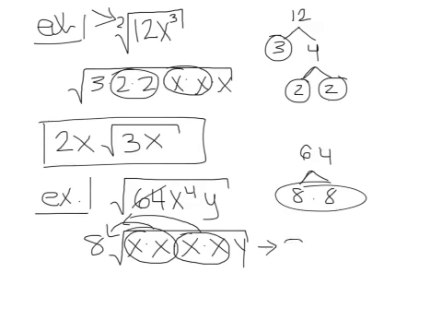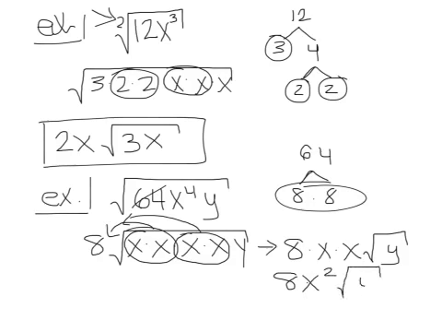So we have 8 times x from the first set times another x from the second set, and under the radical remains y. Again, you should never leave x times x, that way it's not simplified. So we have 8x squared radical y. Final answer.